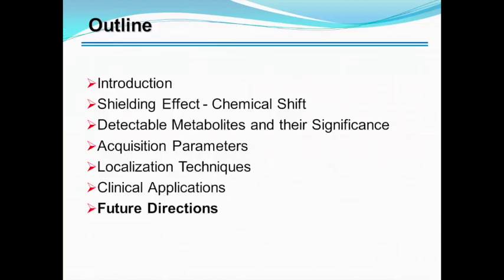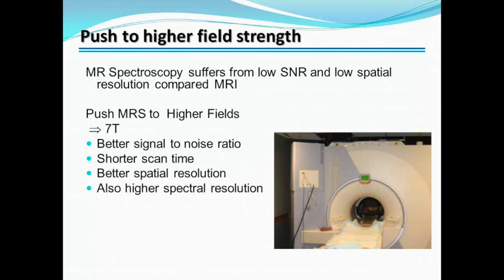So some future directions. Like no other imaging technique, spectroscopy really suffers from low signal to noise, because even NAA or glutamate, which are at like 10 millimolar concentrations, are still 10,000 times lower than the water peak, right?